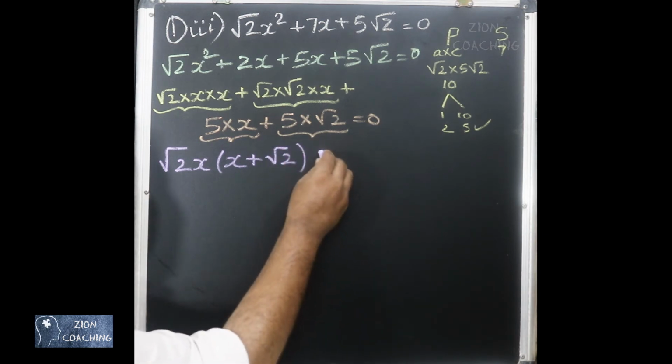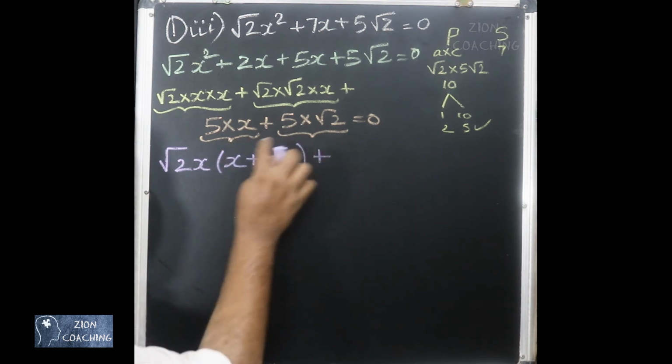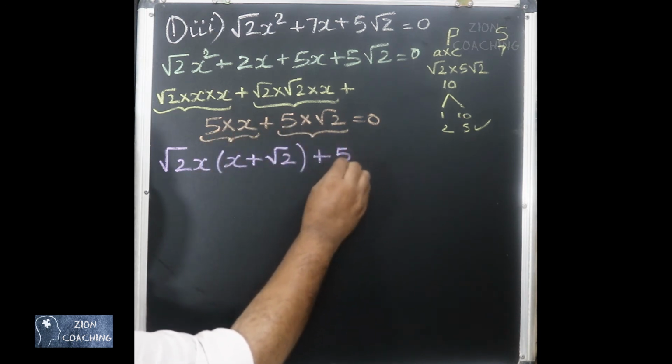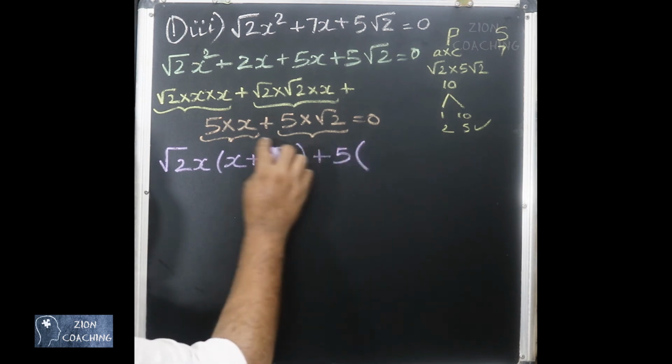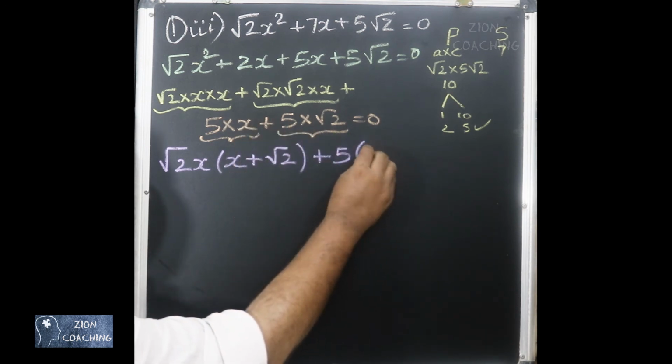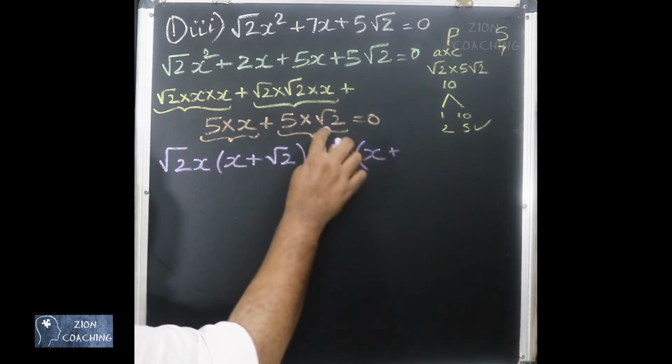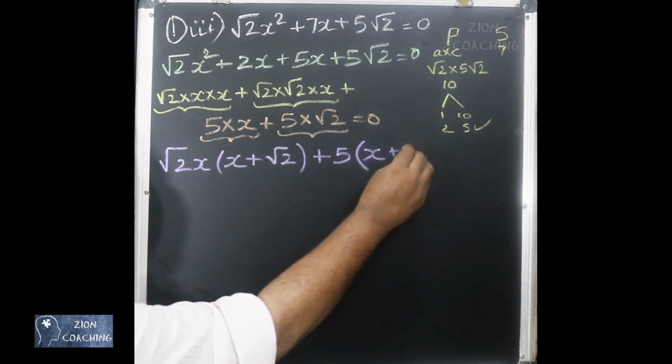Now, when you consider the next two terms here, you can see that 5 is common in both the terms. So we are going to take that 5 commonly outside. Then what is remaining in the first term is x, that plus symbol in between, and what is remaining in the second term is root 2.